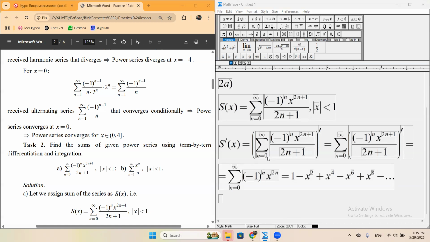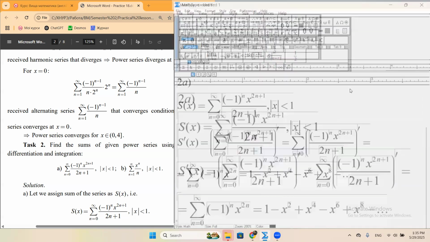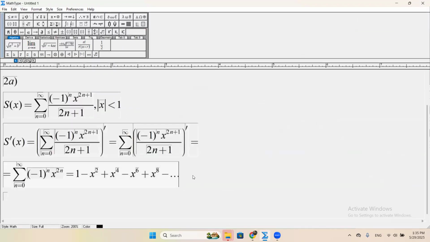Okay, so it looks like this. And then we can see that it is a geometrical progression that infinitely decreases. It infinitely decreases because modulo of x is less than 1.